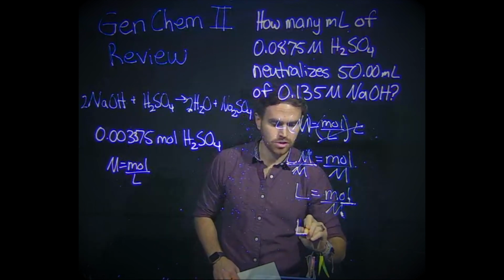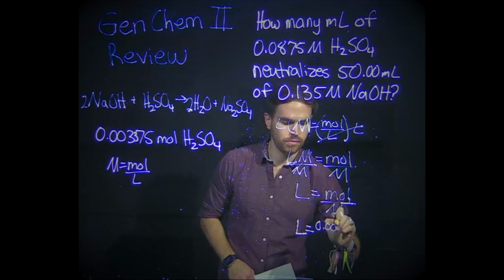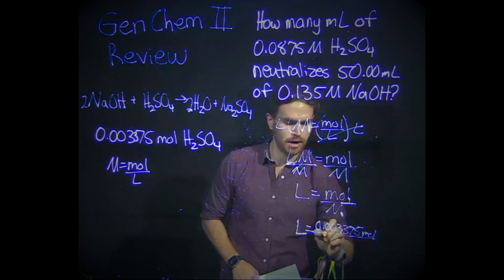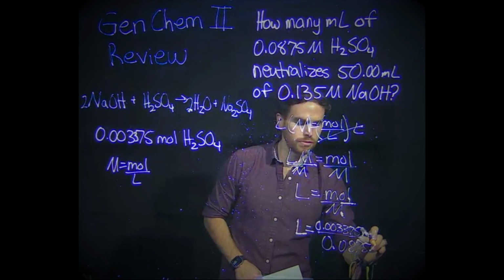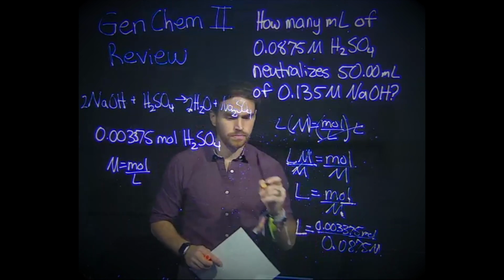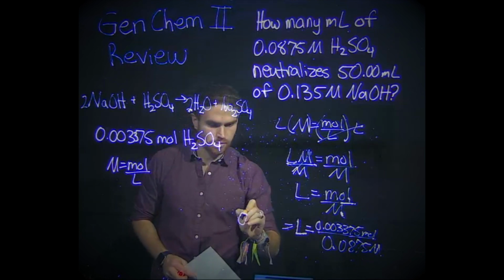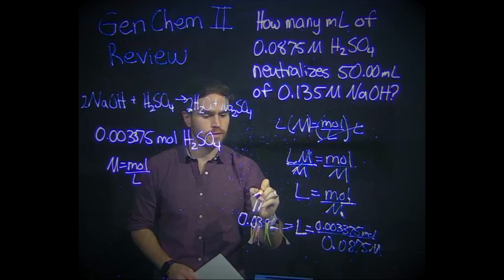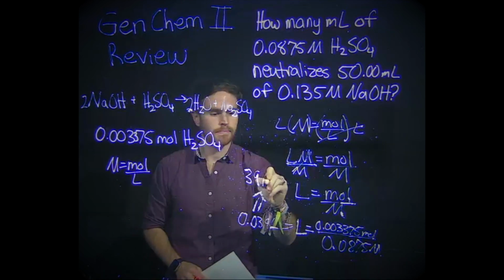So we can then determine the amount of liters as 0.003375 moles divided by 0.0875 molar, which if you plug that into your calculator comes out to be 0.039 liters, or converting to milliliters as the question asks, 39 milliliters.